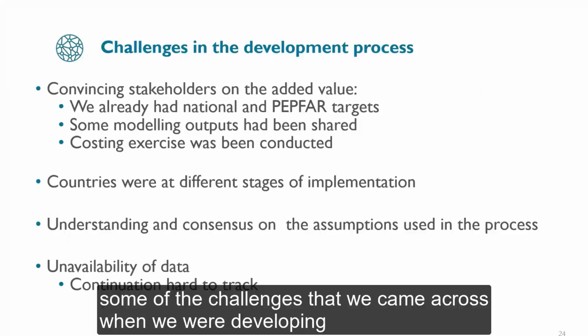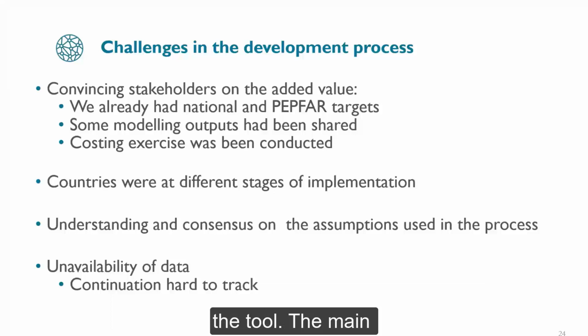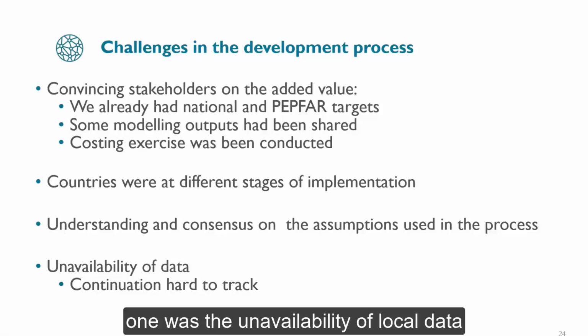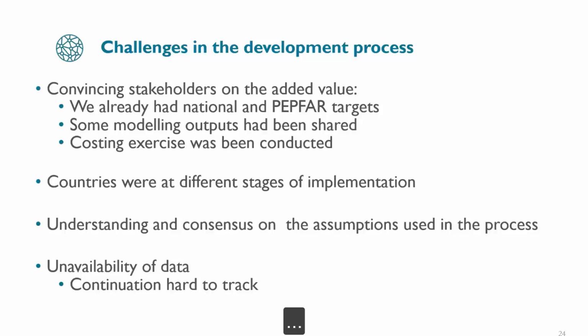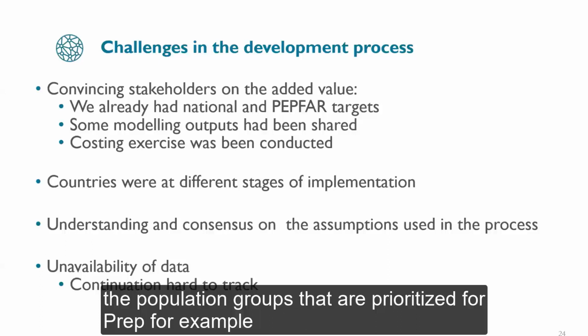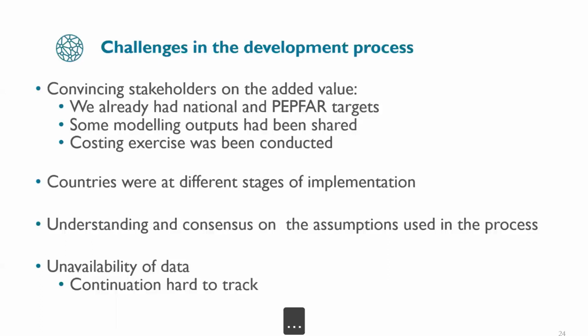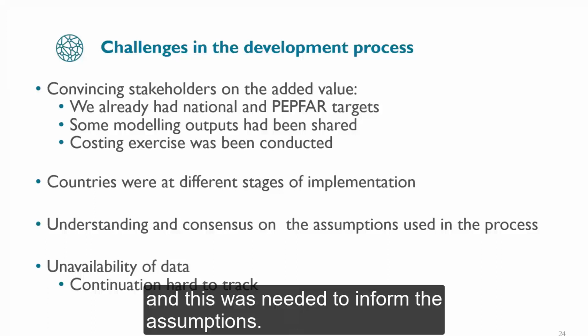Yeah, just to highlight some of the challenges that we came across when we're developing the tool. The main one was the unavailability of local data, but also size estimates for some of the population groups that are prioritized for PrEP, for example, men who have sex with other men, and this was needed to inform the assumptions.